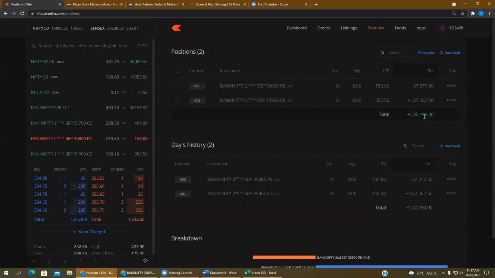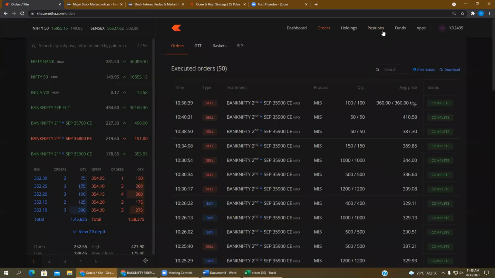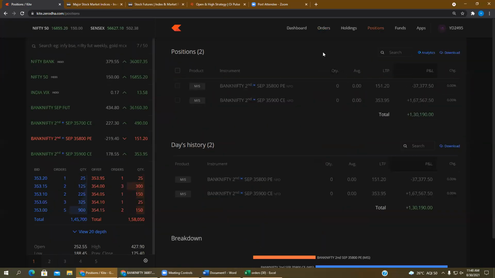That means about 12,000 is going to be my charges. Every 10 lakh, 1,000 rupees is my charges, and it includes my brokerage also. So 1 crore 20 lakh is 12,000 rupees. Out of 1 lakh 30,000, if I have to pay 12,000 rupees, I am completely fine with it. I have no issues. Simple.